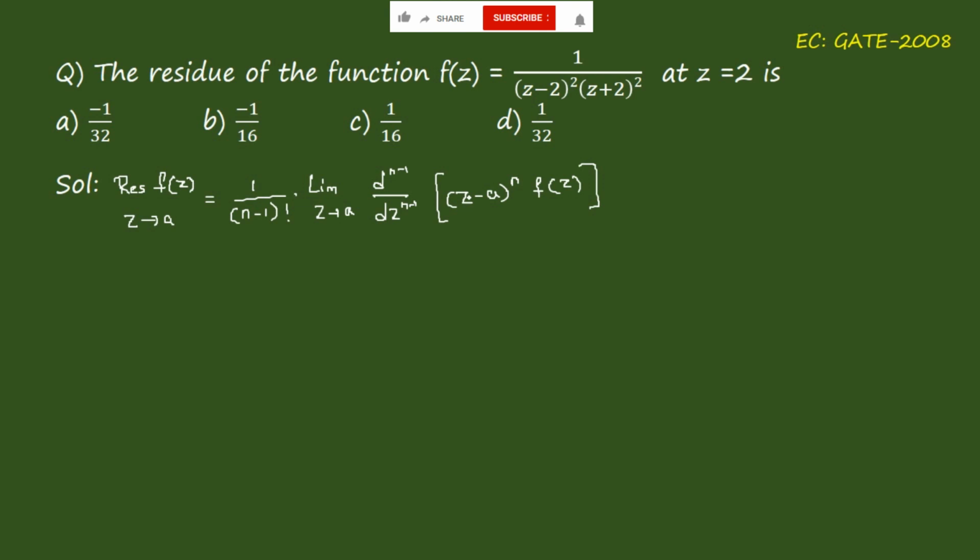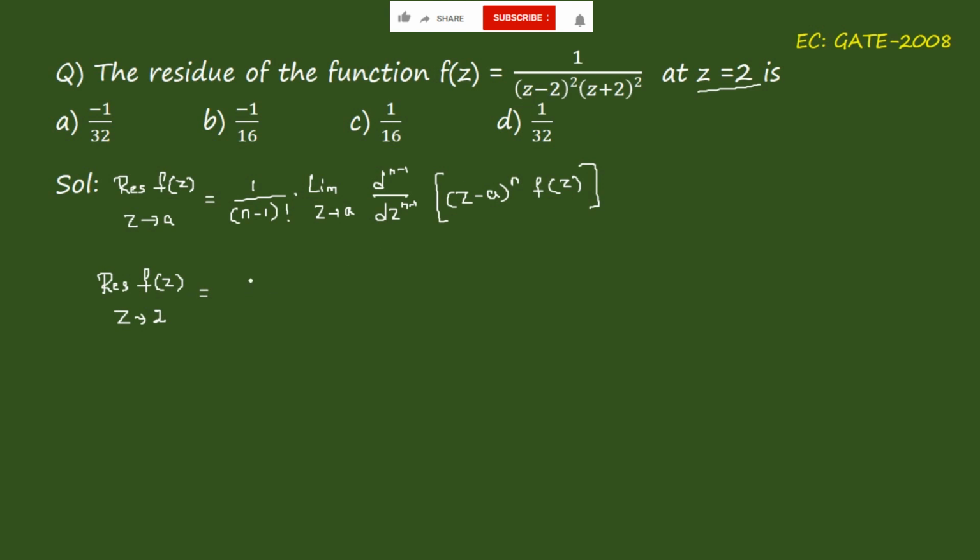Now we equate this particular function to f of z, which is equal to 1 by (z minus 2) whole square, (z plus 2) whole square. And you have to find the residue for z is equal to 2. So here a is nothing but 2. So it becomes residue of f of z for z tends to 2, where n is 2, that is (z minus 2) whole square.